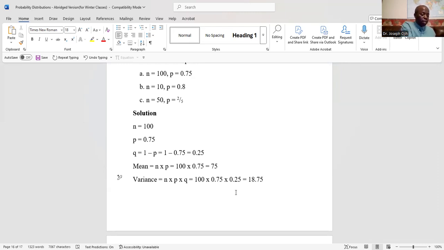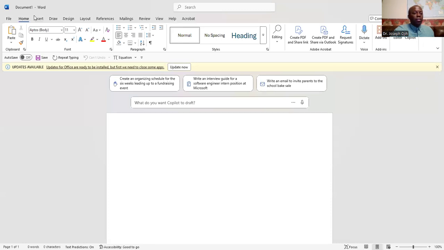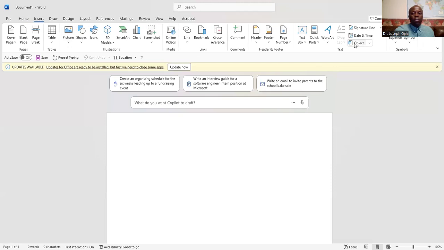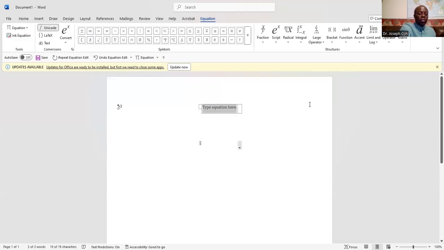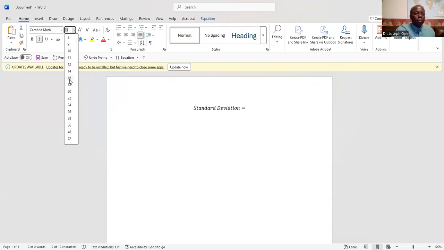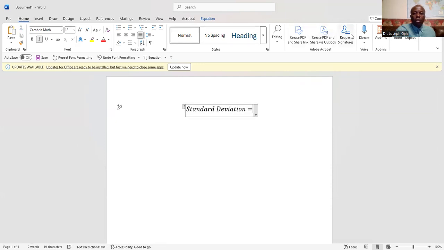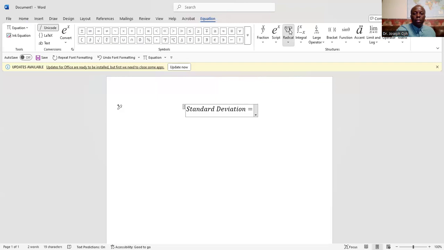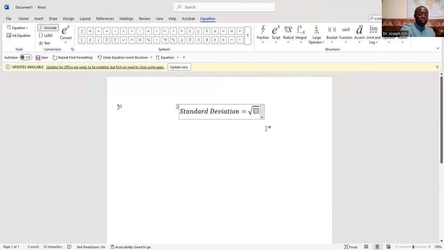So the standard deviation equals the square root of 18.75.